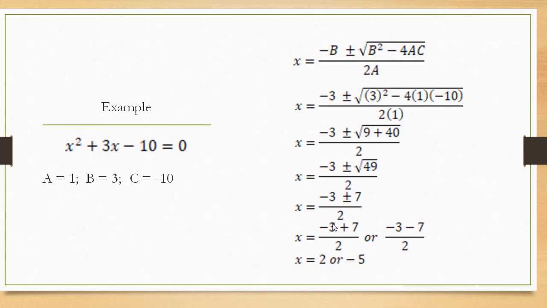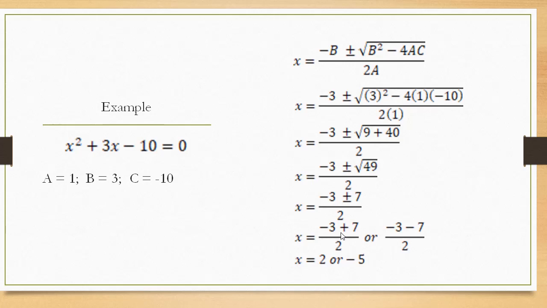So, muna ni karon ang imuhang solution sa imuhang quadratic equation. So, x now is equal to negative 3 plus 7 over 2 or negative 3 minus 7 all over 2.